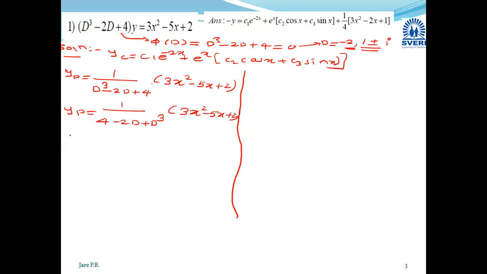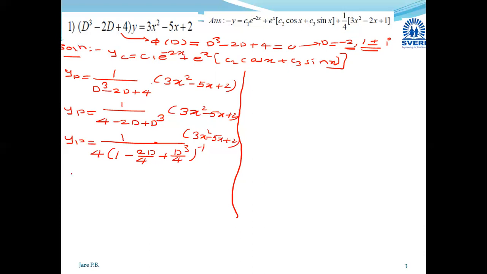Better, we can take 4 common out in the denominator: 4 into (1 minus 2D divided by 4 plus D cube by 4) raised to minus 1 into 3x square minus 5x plus 2.